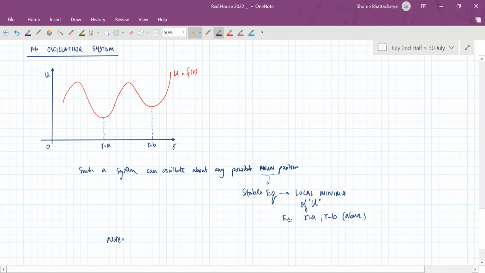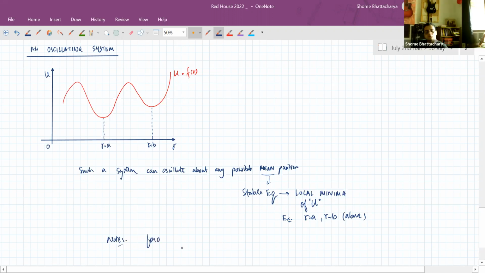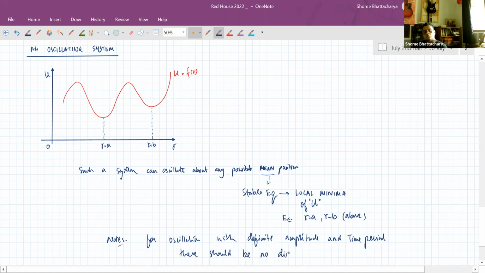Now, for oscillation with definite amplitude and time period, there should be no dissipation of energy. So forces like friction or drag forces should not be there.